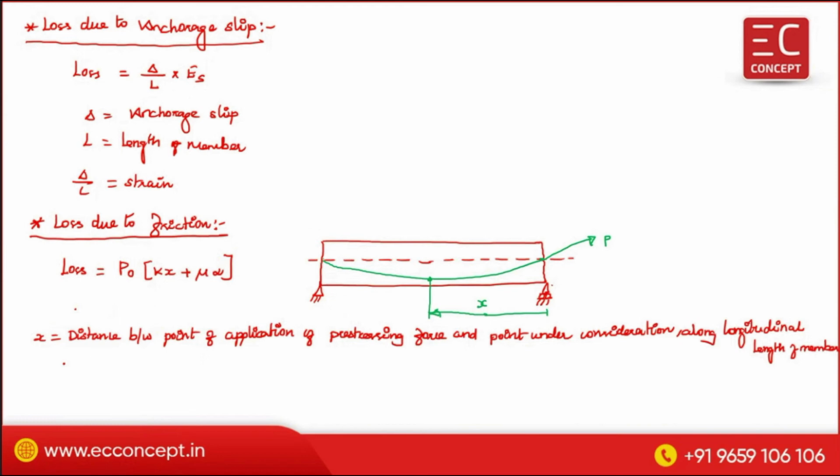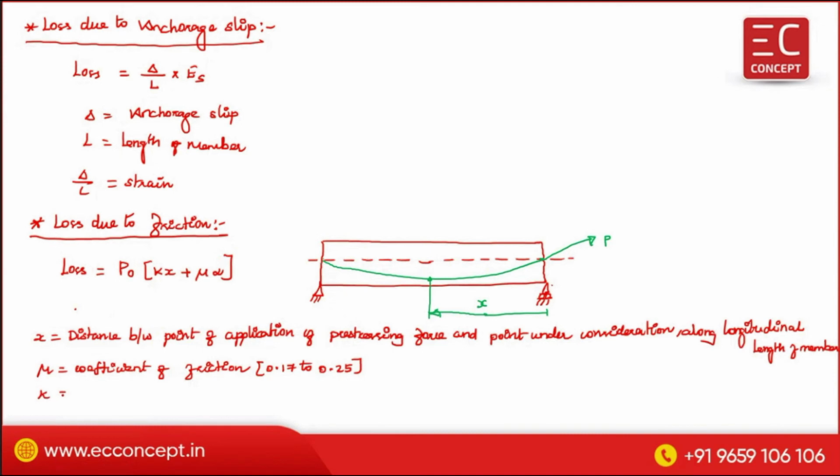Now mu is the coefficient of friction, that is 0.17 to 0.25.